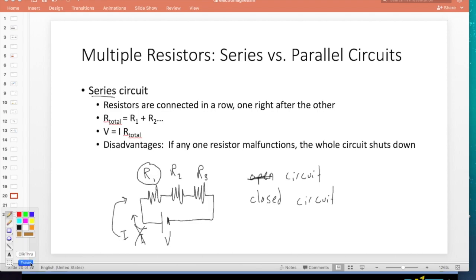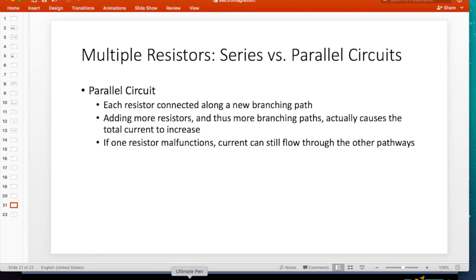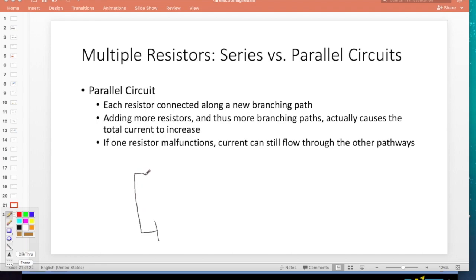So to avoid that, we will often connect resistors not in series but in parallel, which basically means that our resistors are connected in branching paths. So here's what it would look like for three resistors to be connected in parallel. Here's one resistor, and for every new resistor, I'm just adding a new path.